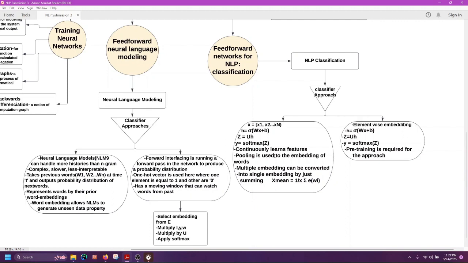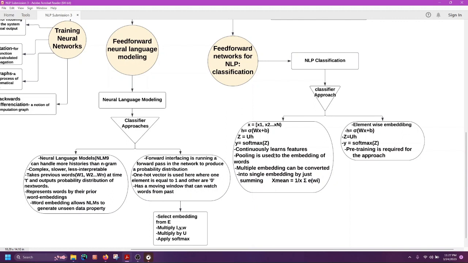For example, text is taken with n input words or tokens, W1 to Wn, which we can turn into embeddings E of W1, E of W2, into a single embedding, either by just summing the embeddings or by taking their mean.